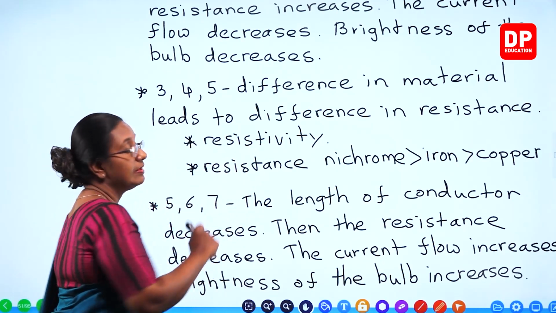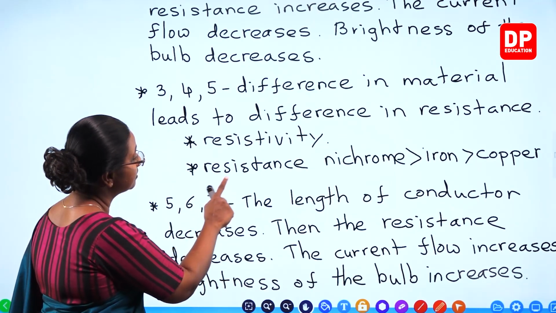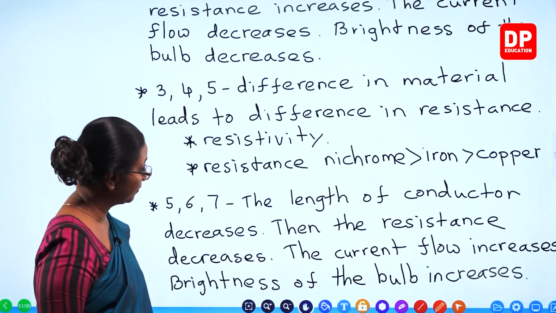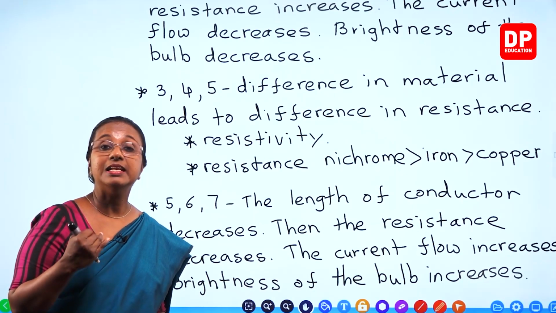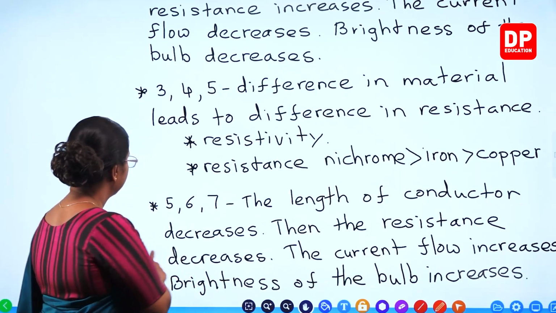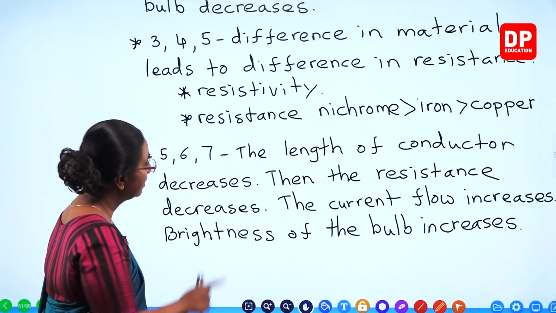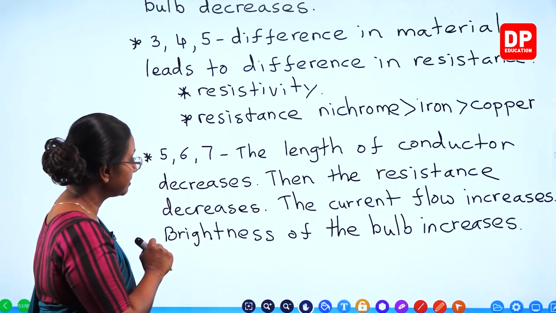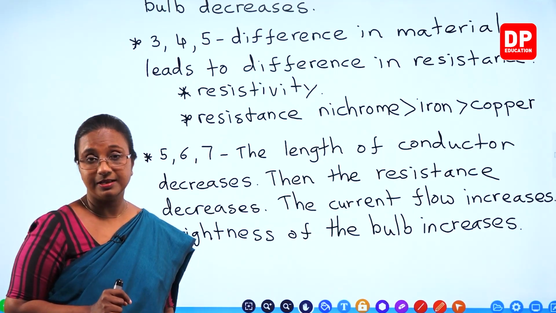So that is what we will be calling resistivity, and resistance of nichrome is higher. That means resistivity of nichrome is higher, iron is a little less, and copper has the least resistivity and therefore the least resistance. Then the last set, 5, 6 and 7, the length of the conductor decreases, then the resistance decreases, the current flow increases and the brightness of the bulb increases.